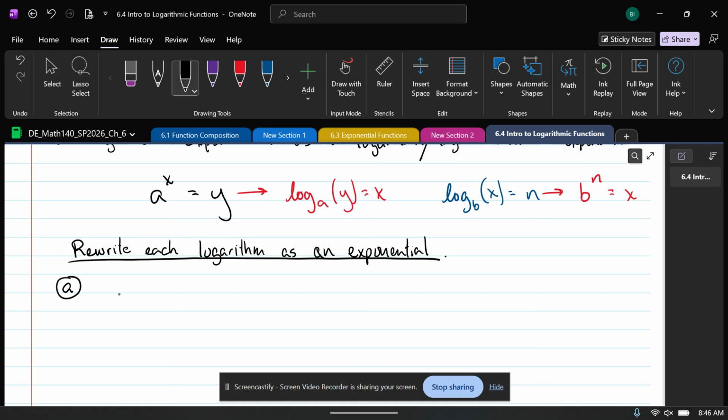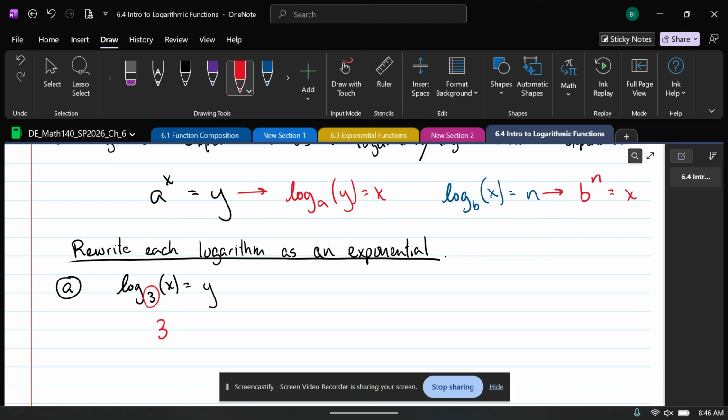So here we have log base 3 of x equals y. If we're going to rewrite that as an exponential, what is the base of the exponential? The same as the base of the log. So that would be 3.